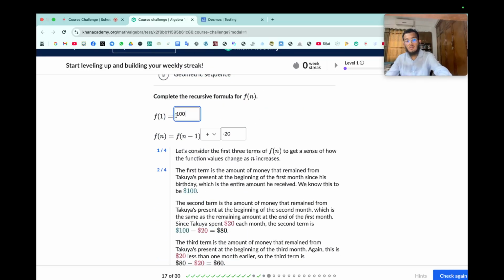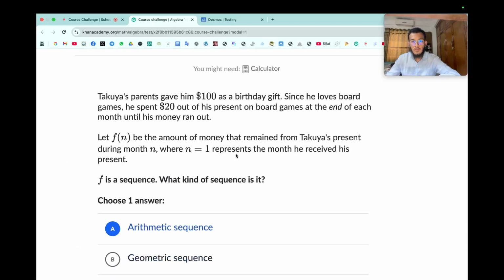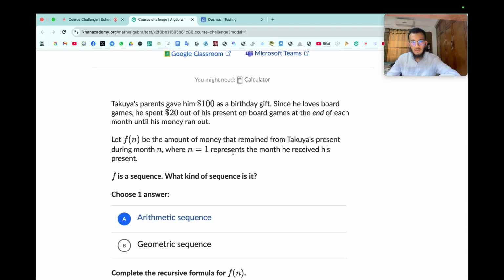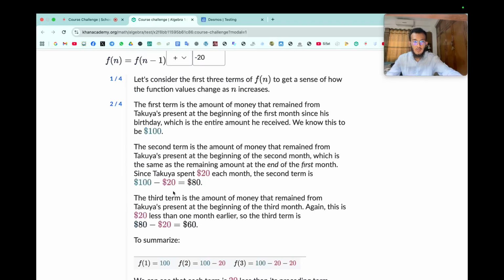Okay, basically the question was a little bit vague, I guess, because on the first month you have $100 and he spent $20 at the end of each month. On the first month he received his present, so initially it is $100.